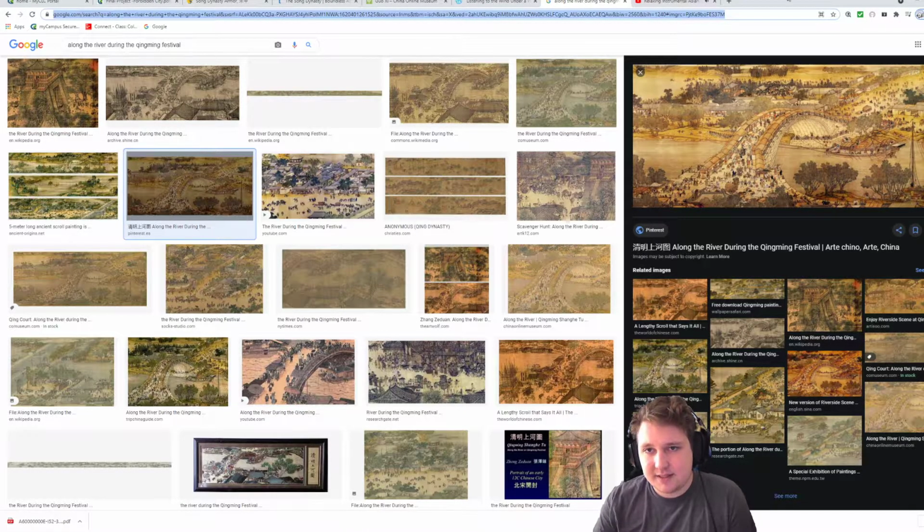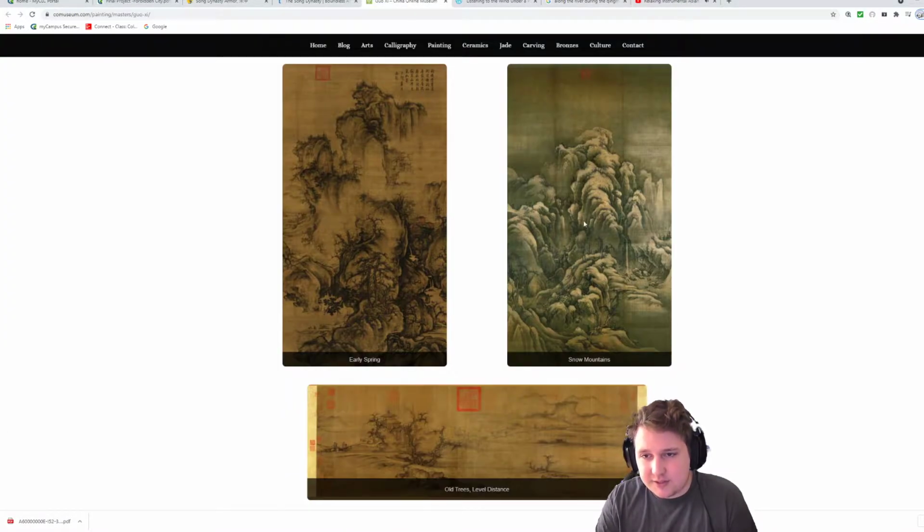Northern Song paintings, like Guo Xi's painting Snowy Mountain, as you can see here on the right, were focused more on the struggle of life in a chaotic era, and that is what you see here.